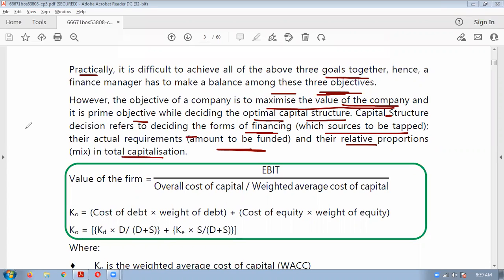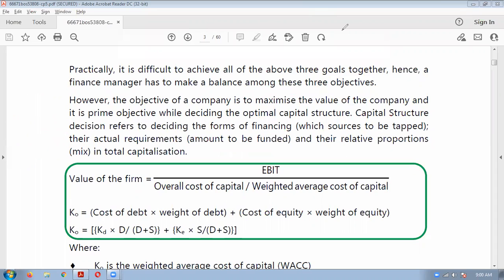So normally we say equity is 40% and debt is 60%, meaning equity is 40% in the company's capital structure and debt is 60%. Different companies will have different combinations. That is the meaning of capital structure.